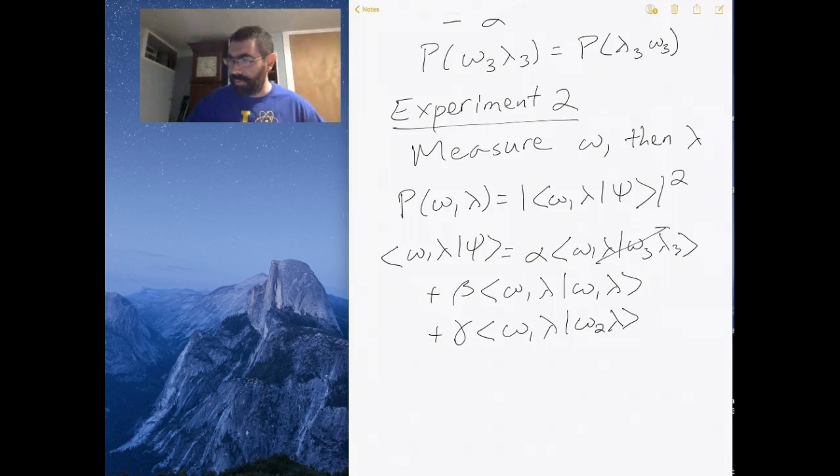So in this case, the first product is 0, the third product is 0, the second product is equal to 1, and so in the end, my probability is beta squared.